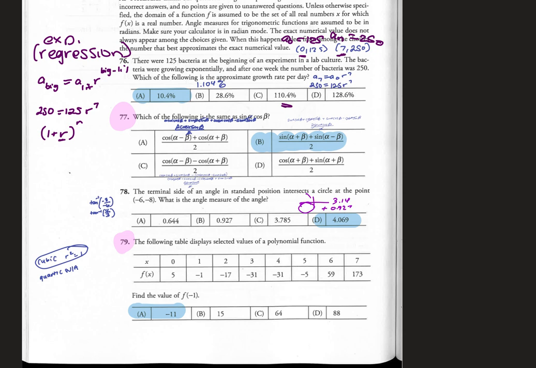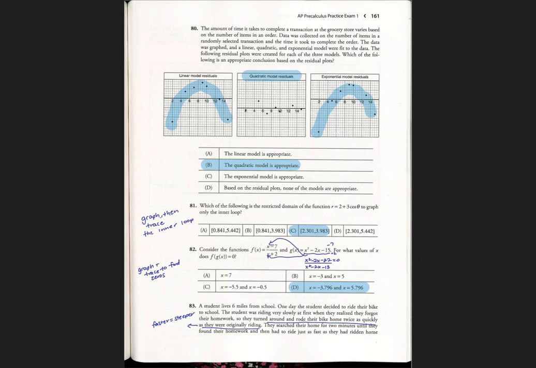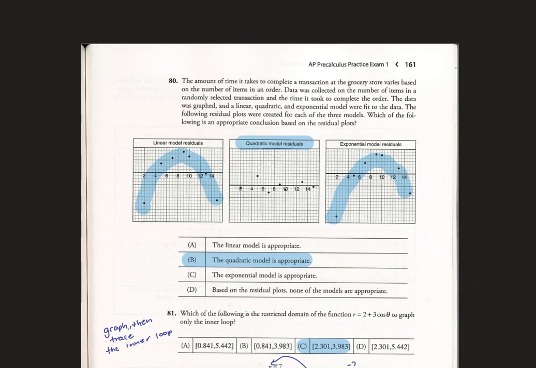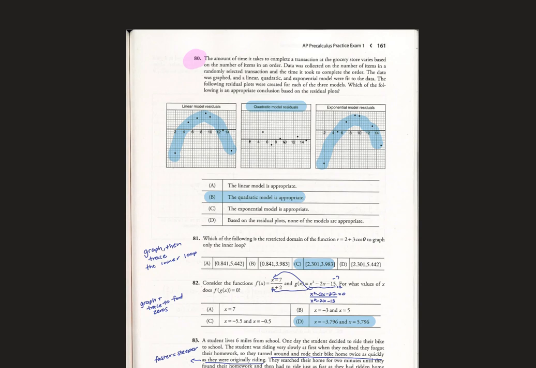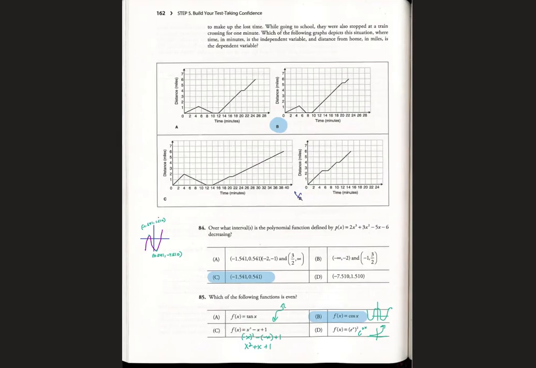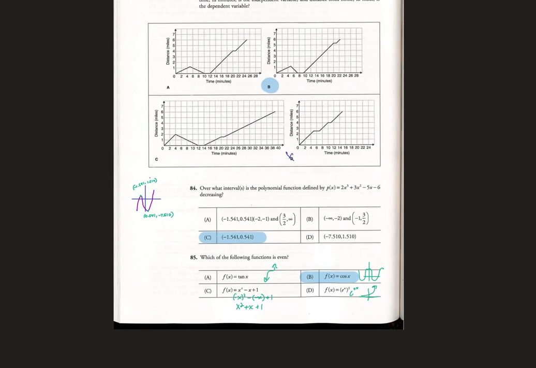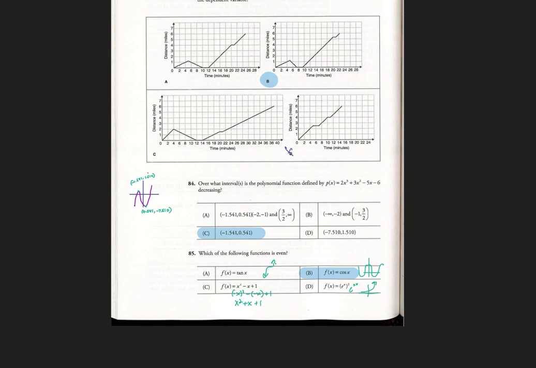So 77 was your sum and difference formulas. 79 was reading your chart, finding f negative 1. 80 did not need a calculator. 83 did not need a calculator. 85 did not need a calculator.